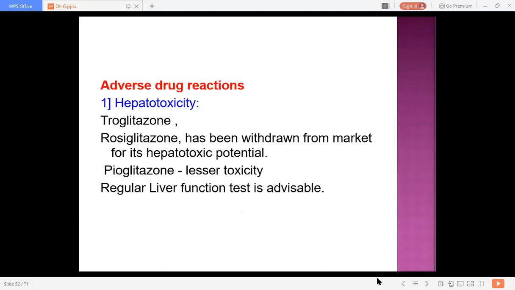Adverse drug reactions: there is hepatotoxicity seen with troglitazone and rosiglitazone, and these two are withdrawn from the market because of hepatotoxic potential. Pioglitazone has lesser toxicity, but regular liver function tests are advisable.